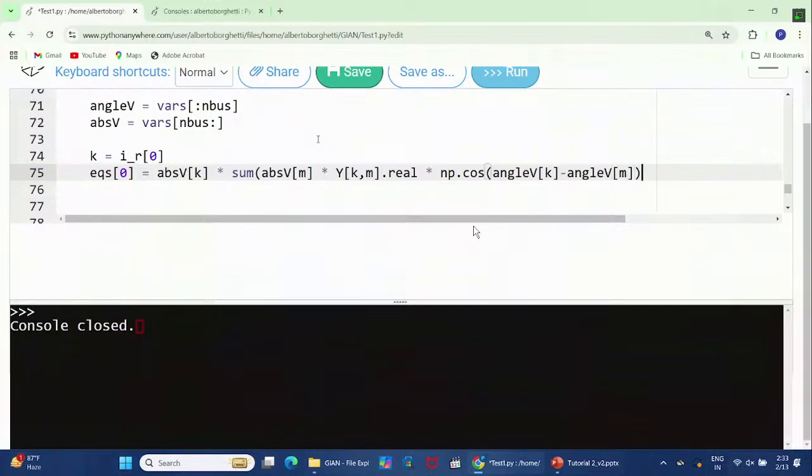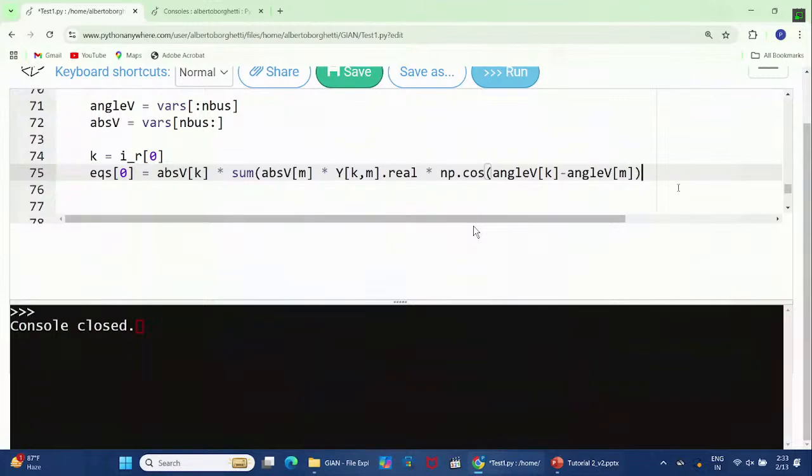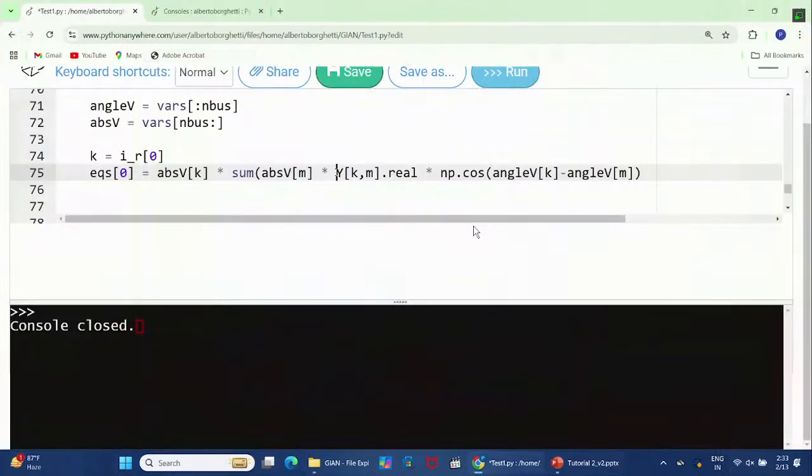So this, can you follow? Is it fine? This difference of the two angles is the difference of the angles at the two terminals of the lines. So we are here, and then you see that we need to multiply also for this part. Since it is very similar, I will just copy and paste this here.